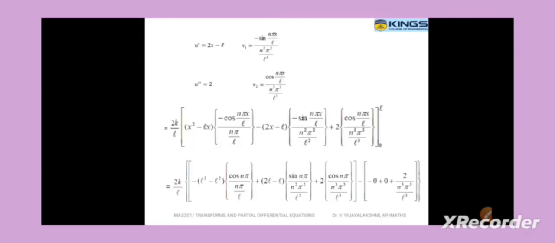So which is equal to 2k by L. The first two terms become 0, because L square minus L square is 0 and sine n pi is 0. So the first two parts become 0. We will get only the last two terms. So 2 cos n pi by n cube pi cube by L cube minus 2 by n cube pi cube by L cube.